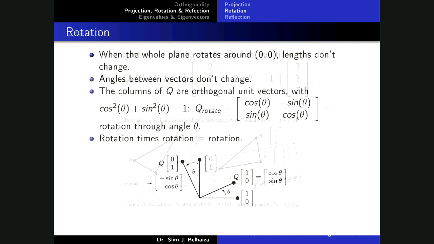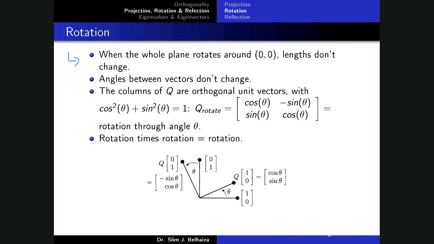So we almost stopped here last time. So that was about projection. But as you know, in geometry or in real life, we don't only use projection. We can also have rotations. So one can think which kind of matrices could give me a rotation. We start with a common observation: when the whole plane rotates around the origin, lengths don't change, of course.